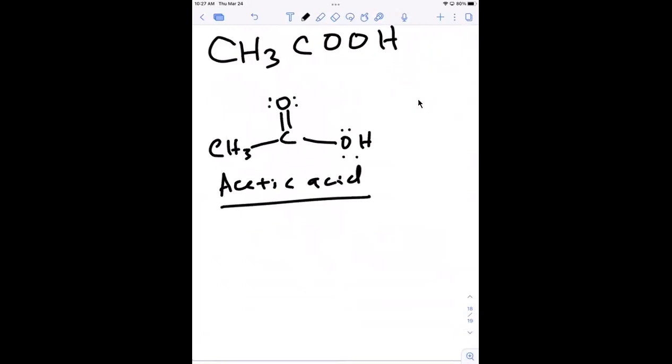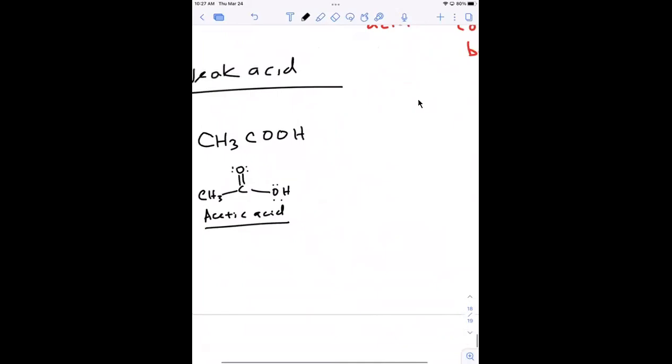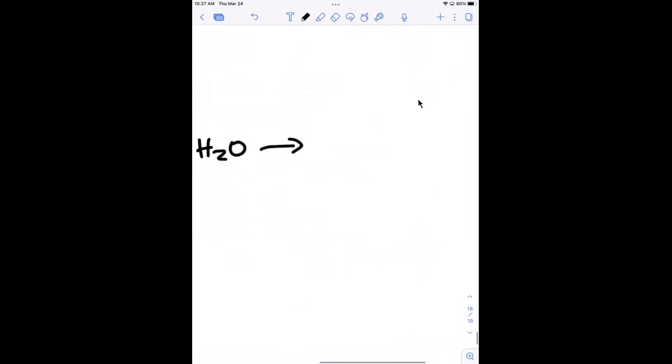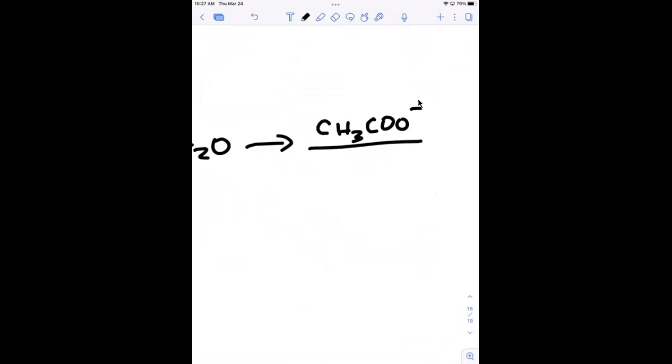So this is acetic acid. This is a very weak acid. This is basically what vinegar is. It's very dilute acetic acid. So if you take acetic acid and do the same thing, dilute it up, what you're going to get out is this, which is what do we call that?